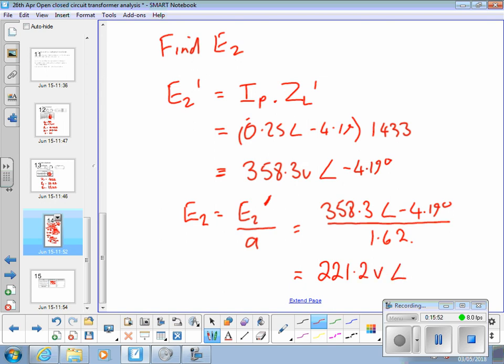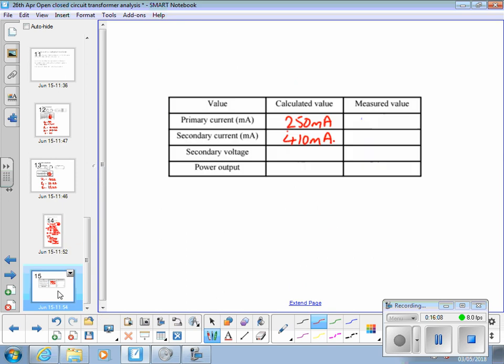And the angle's the same. Follow, James? So that's 221.2 volts we can put in here as secondary voltage.